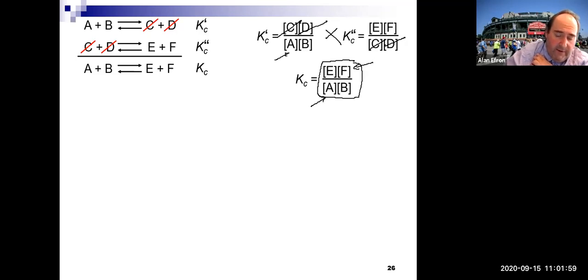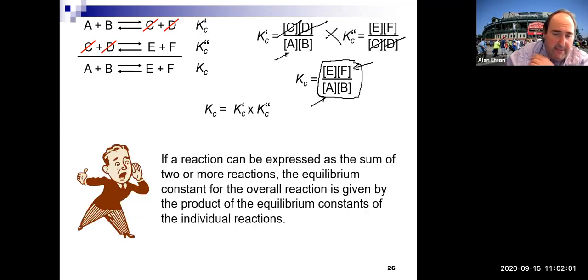So one very common situation that develops is you will sometimes have to add multiple reactions together. And if you're looking for the equilibrium constant for the overall reaction, you essentially just multiply all the K values together. If there's two reactions, you multiply both K values together to get the overall K value.